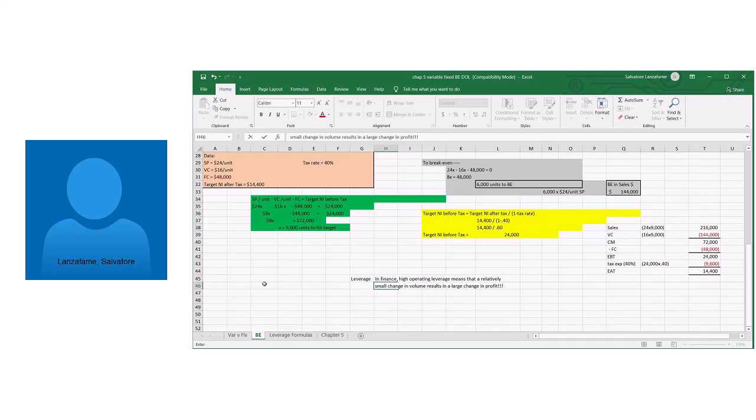Now, when I first teach leverage, I like to use this analogy, okay? First off, I want you to pretend that when you hear the word leverage, just think of risk. Leverage means risk. So the more you gamble, the better chance of winning big. The less you gamble, then there's a less chance of winning big.